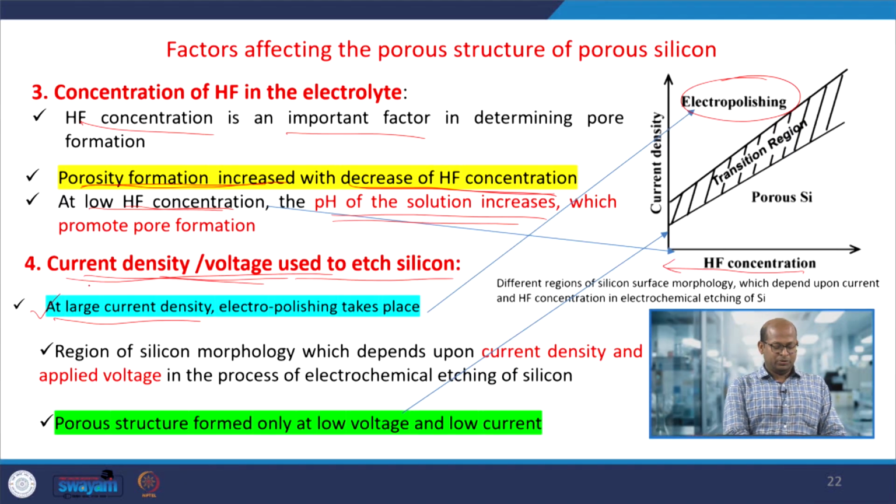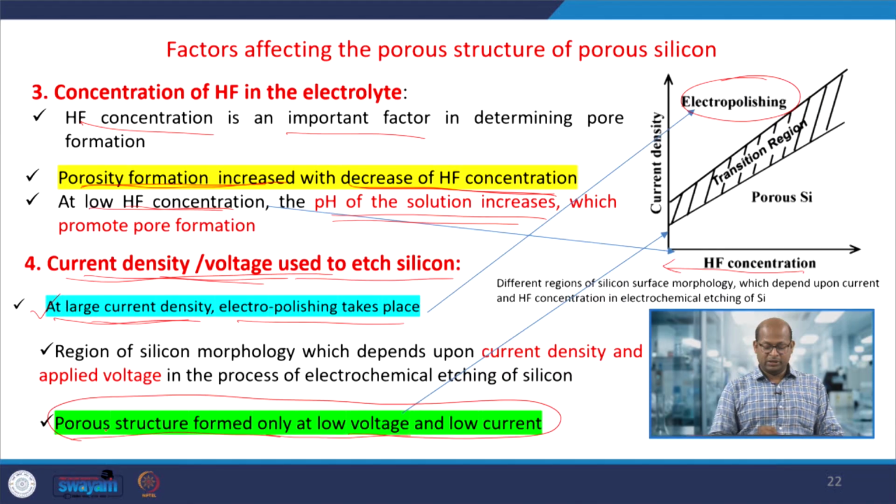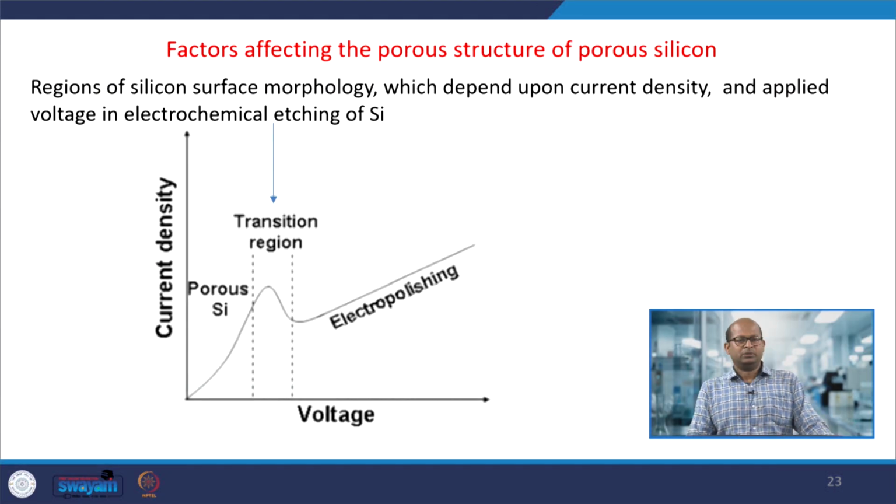The porous structure forms only at low voltage and low current. So whenever we make a silicon wafer porous, with good pore development for optoelectronic applications, we try to use low voltage and low current.